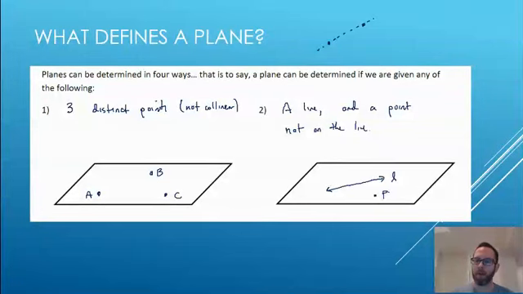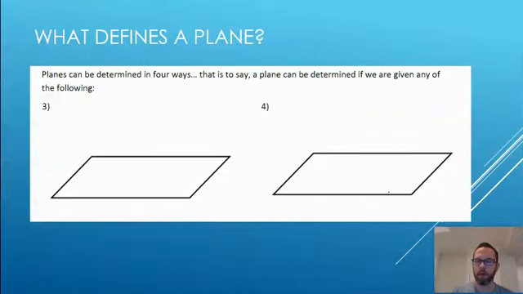If in R3 I said here's a line and here's a point not lying on that line, there'd be one unique plane that contains that line and passes through that point P. And there's 2 other cases that involve lines. If you have 2 intersecting lines in R3, there's one unique plane that will contain both.